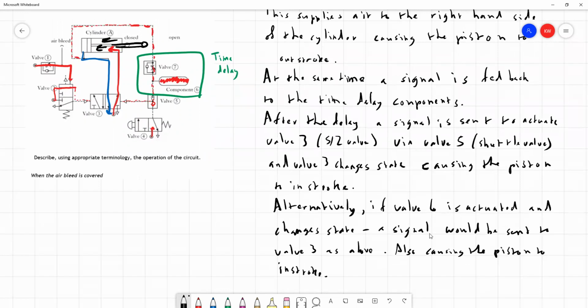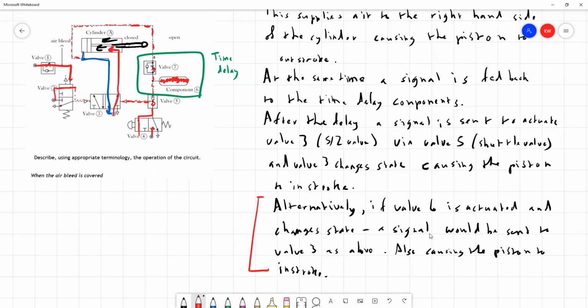So what would happen here? Well, what we're saying in this last little section is that while we are waiting for that air to come round and fill the reservoir, instead, if we press the push button, we could have air coming in here, and that would send the same signal that we're waiting for to switch valve 3 back across and let the air go into the right of the cylinder. So in this circuit, we can close the air bleed and it will follow through the process.